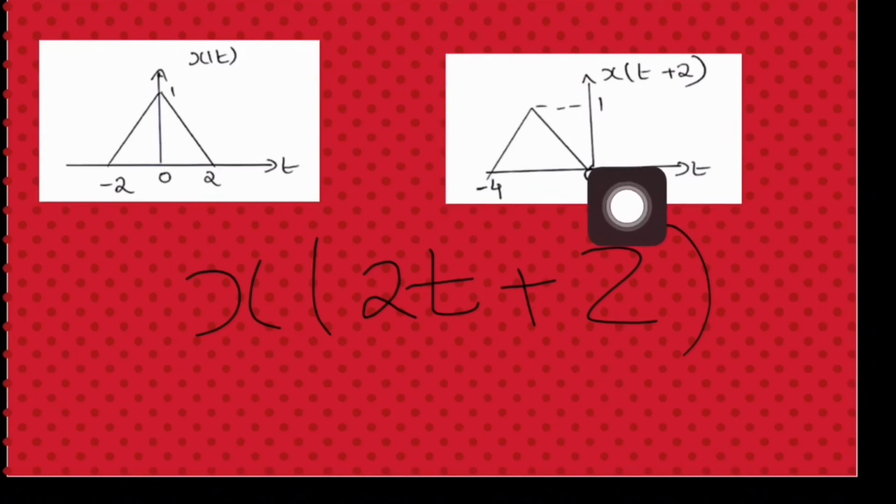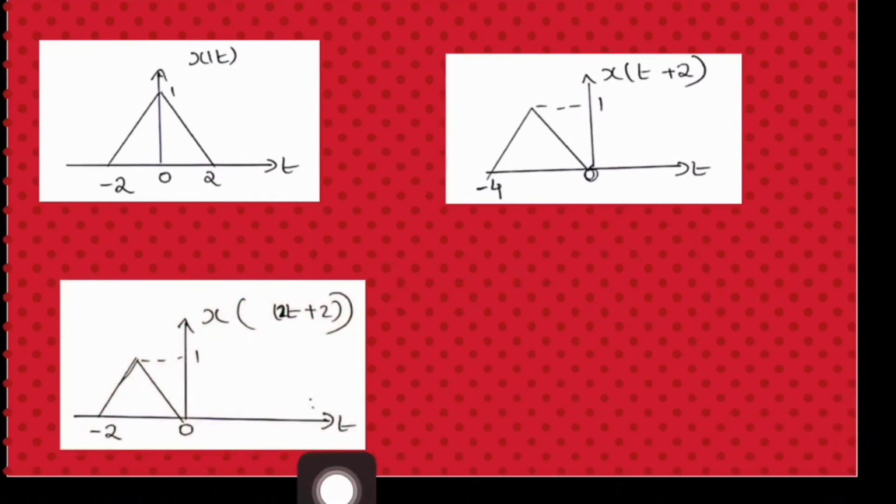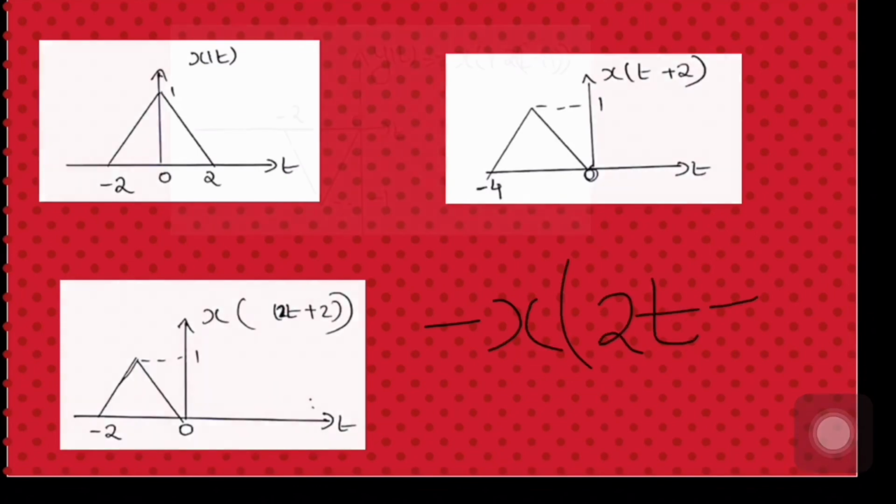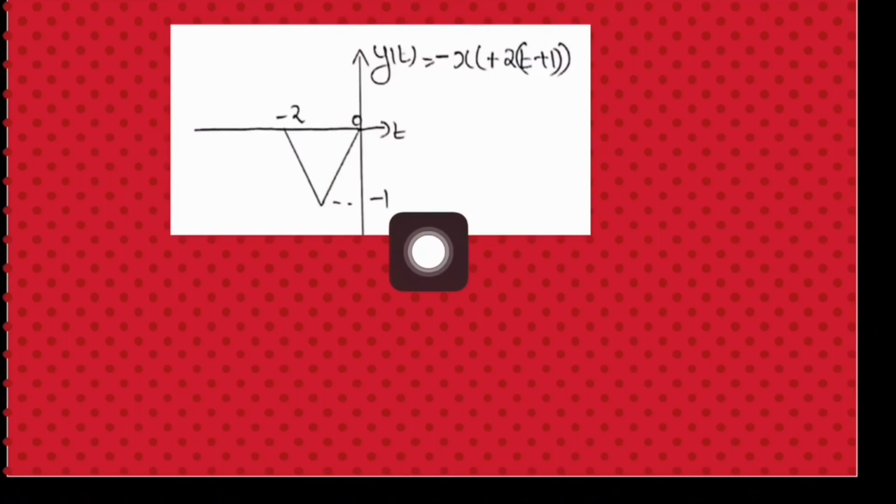Alright, if we replace all instances of t in x of t plus 2 with 2t, we get the waveform of x of 2t plus 2, which looks like this. Finally, we are going to flip this signal along the x-axis. After performing flipping, we get minus x of 2t plus 2, which looks like this.